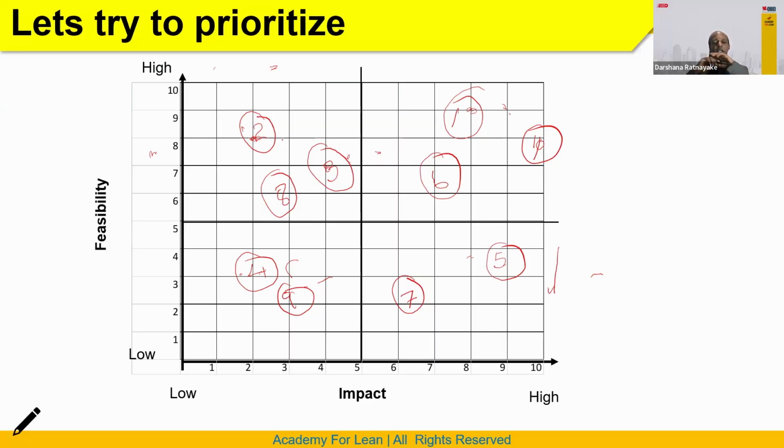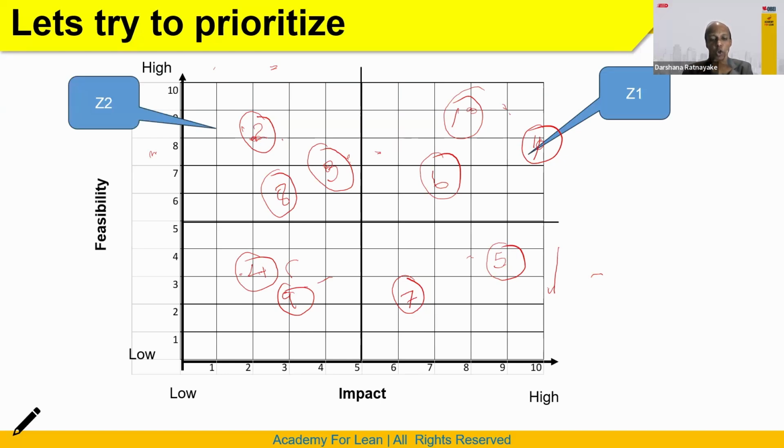Okay, now we have this diagram. We see we have 4 zones. Zone 1 means high feasibility, high impact. Zone 2 is high feasibility, low impact.